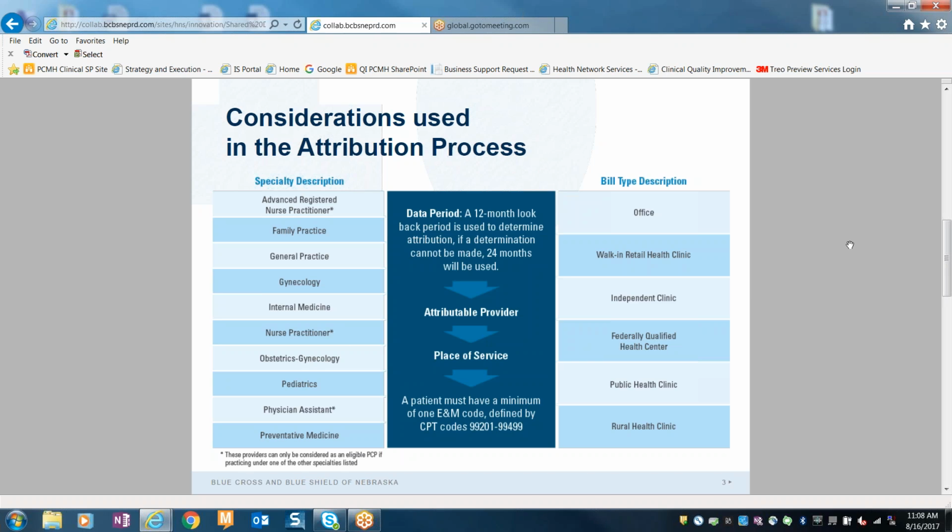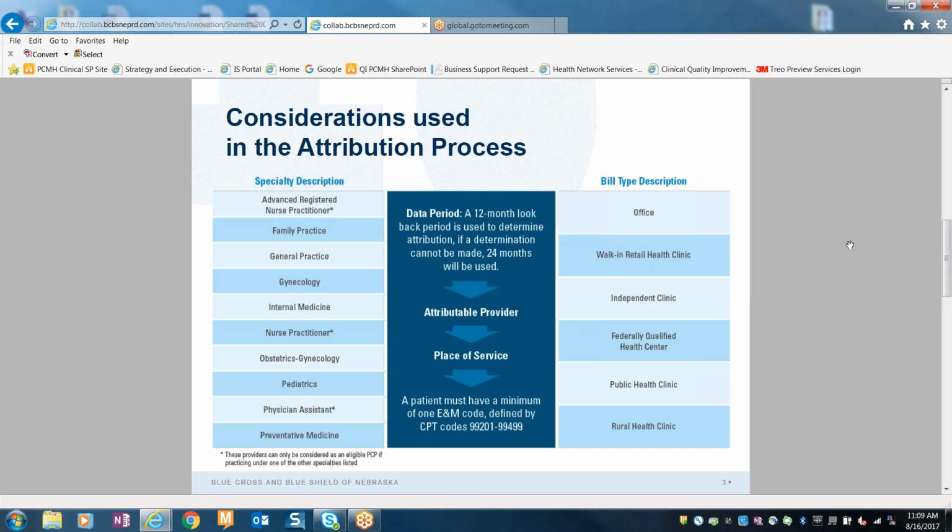If one of these criteria is not met for a specific visit, that visit will not count in the attribution logic. So let's take a couple examples. Let's say there's a family practice doc providing an E&M code, but they're doing it within, let's just say, an urgent care clinic.